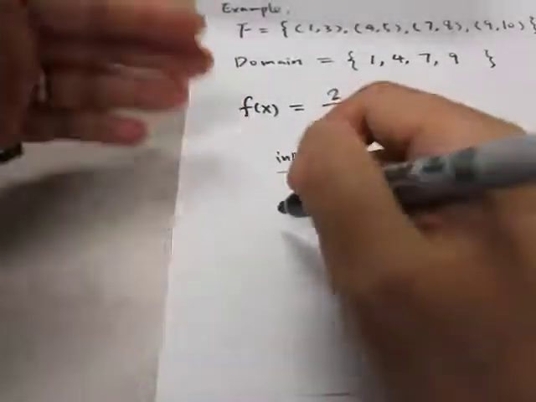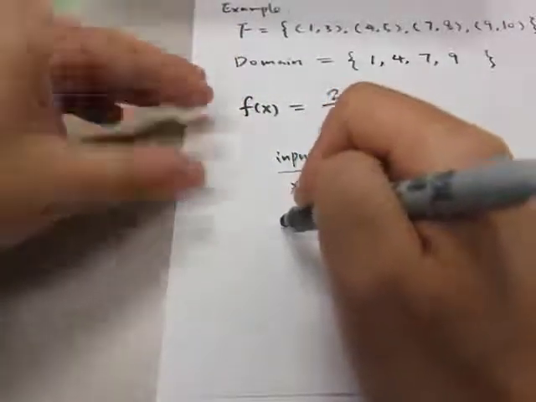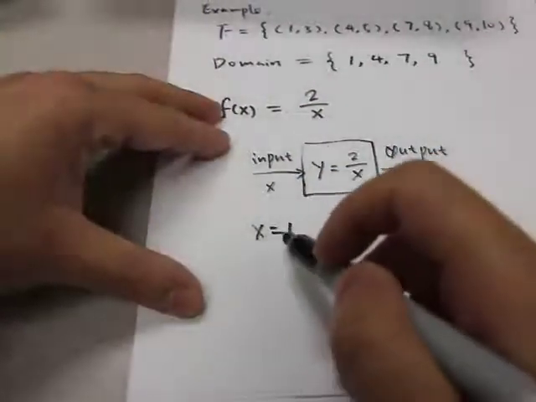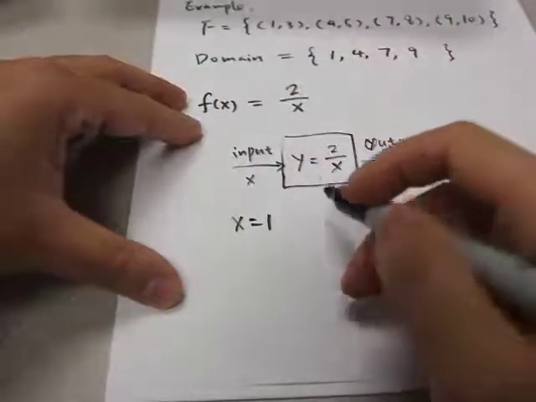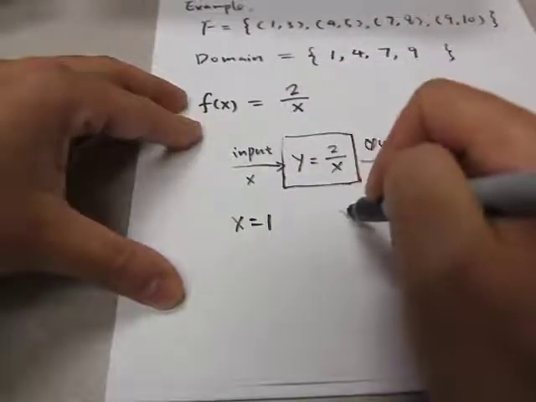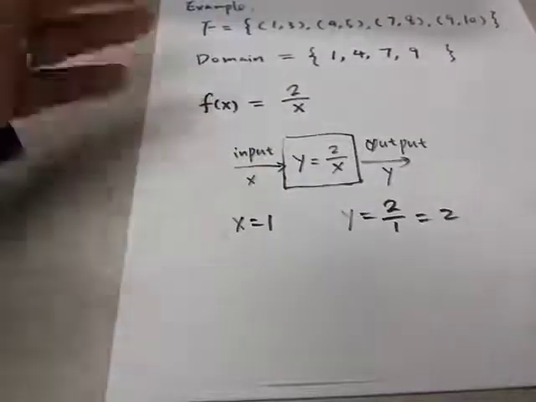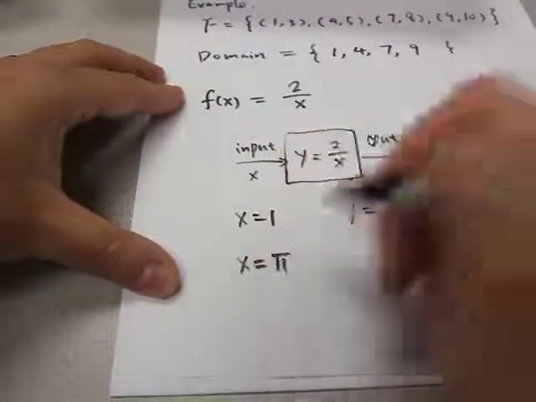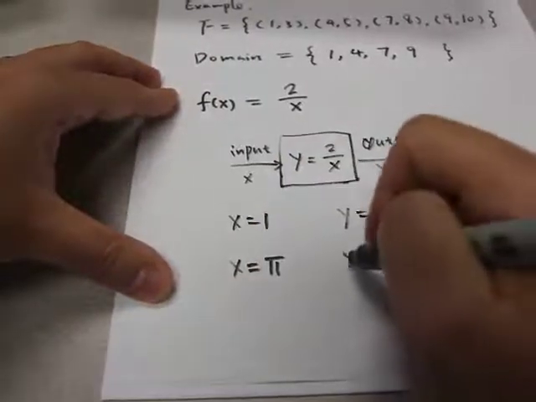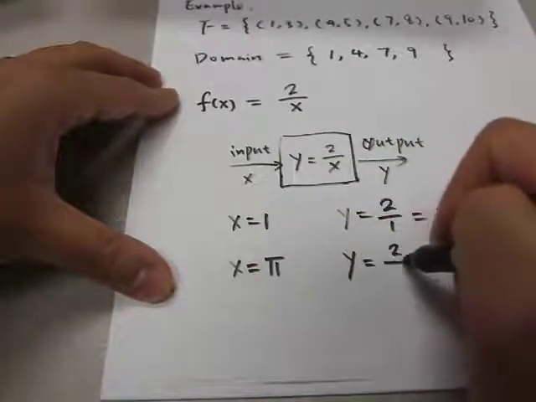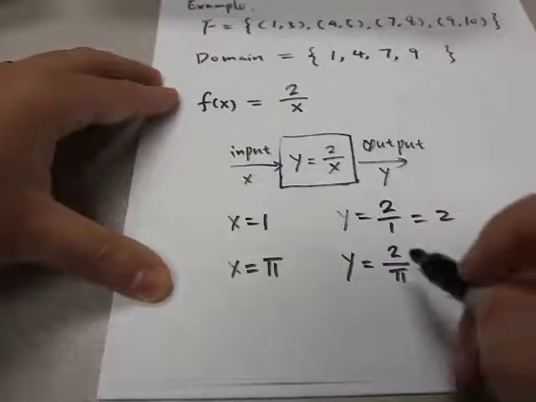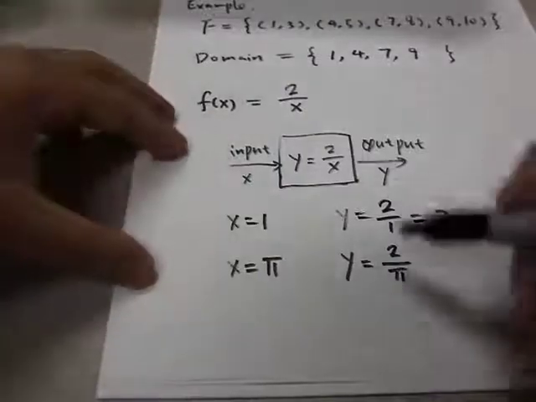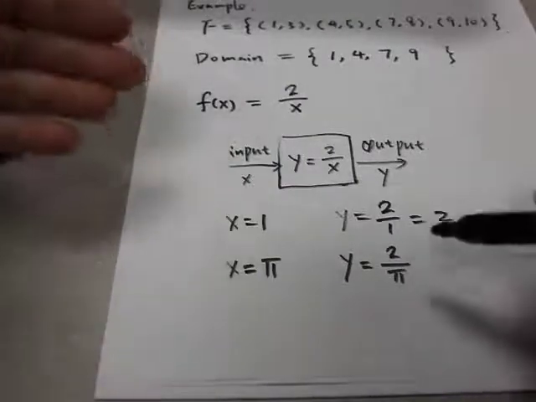For example, if x equals 1, what kind of number will I generate? If x equals 1, this equation will generate 2. It's not a weird number. Let's say if x equals pi. If x equals pi, the output is 2 over pi. Well, 2 over pi looks weird, but actually it's not weird because this number exists, right?